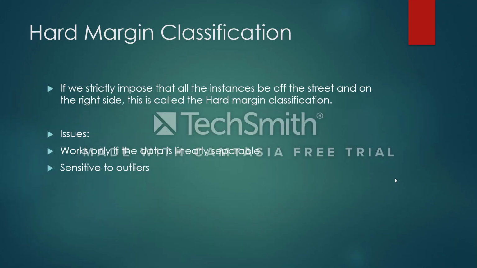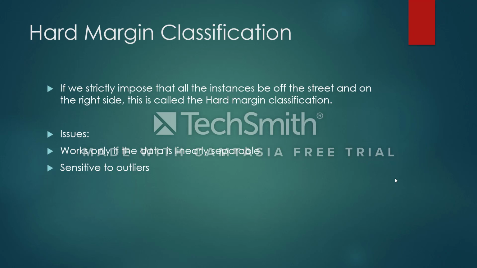Let's get to what hard margin classification is. When we strictly impose that all the instances be off the street and on the right side, it is called hard margin classification. In simple words, if there are two classes, class A and class B, all the points in class A and all the points in class B are to be exactly classified.